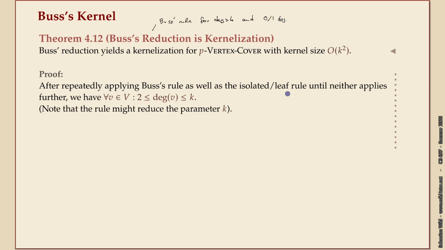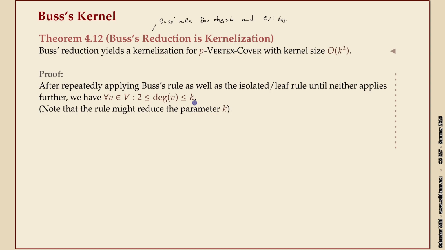So I'm removing isolated vertices, I'm removing leaves, vertices of degree 1, and I'm applying this high degree removal rule whenever possible. But when none of these rules is applicable anymore, then I'm left with a graph where all the vertices have degrees between 2 and k. It'll probably be smaller than k.